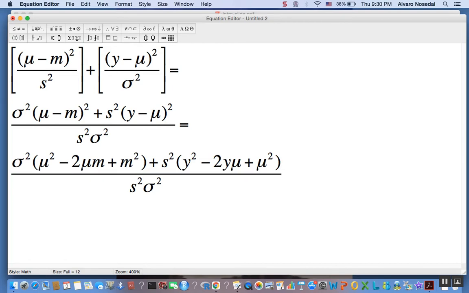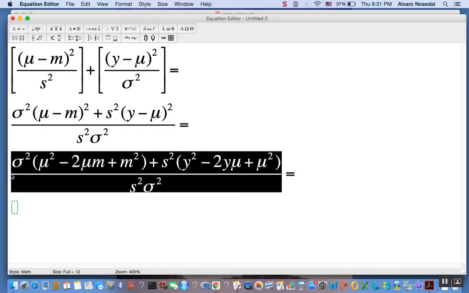Now what we're going to do is combine the terms that have to do with mu squared, then those that have to do with mu, and those where mu is not involved at all. Okay? Let's keep going. So, let me copy paste this.